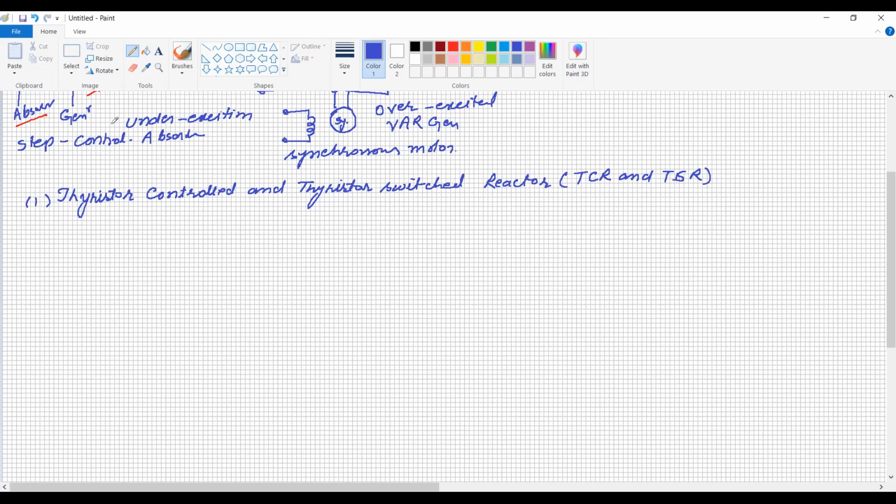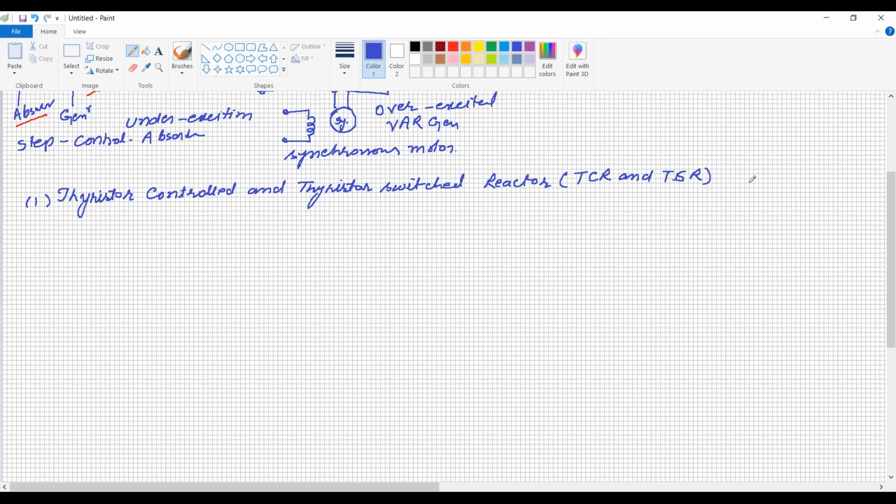Instead of using contactors or mechanical switches, we use the thyristor valve as a switch, and as a controllable device to increase or decrease the current in the inductor, in such a way that it is possible to provide variable VAR absorption in the power system.